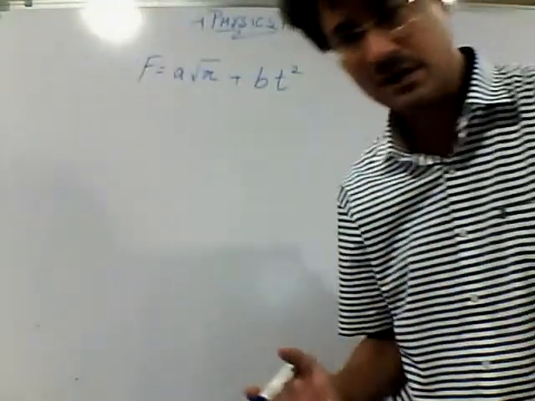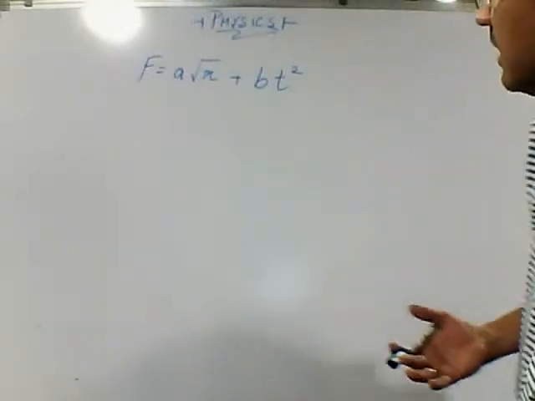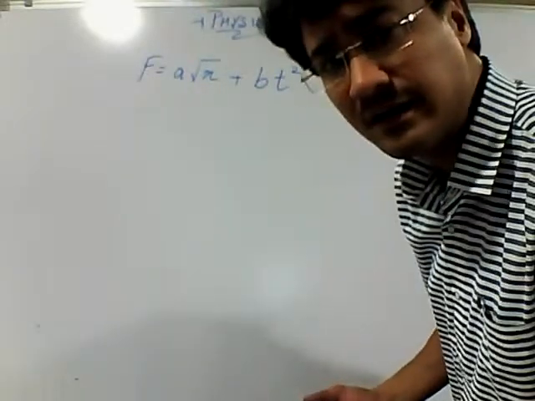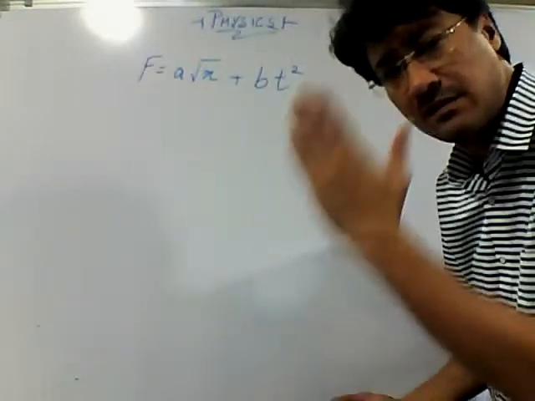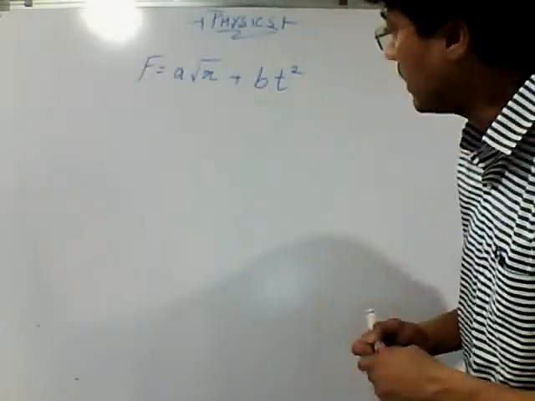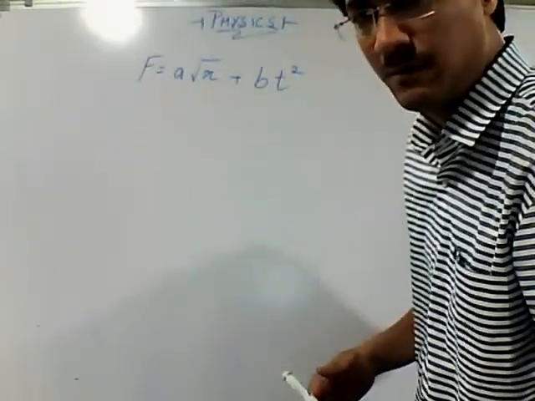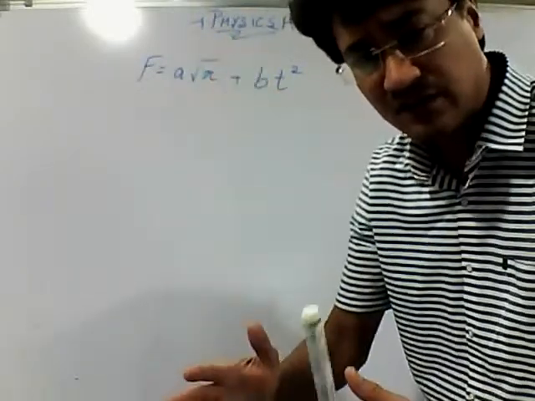I have been talking about a concept that you need to remember while doing problems for dimensional analysis: if two quantities are added, they can only be added if they have the same unit or the same dimension. Over here, a√x and bt² have been added, which means they have the same dimension.